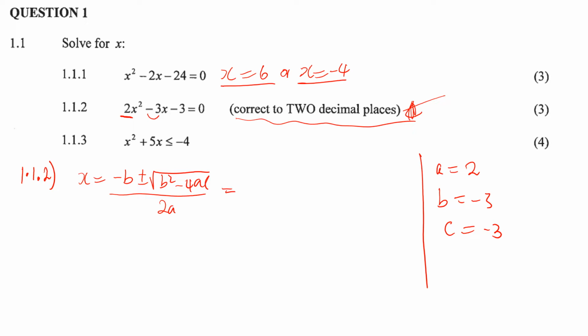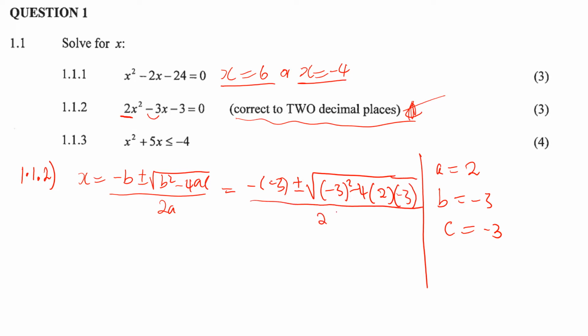So it's going to be minus, what is our b, minus 3, plus or minus the root of b, which is minus 3 squared, minus 4, a is 2, c is minus 3, all divided by 2 into a, which is 2. Okay, we can just simply use a calculator to get the answer.